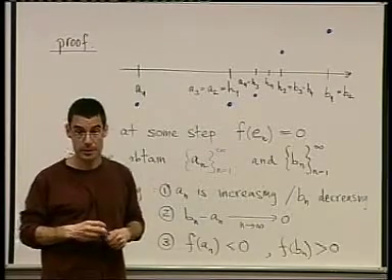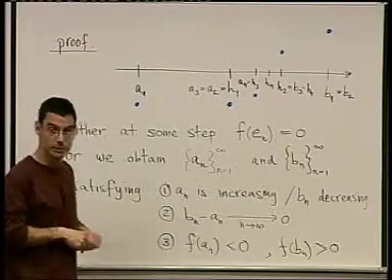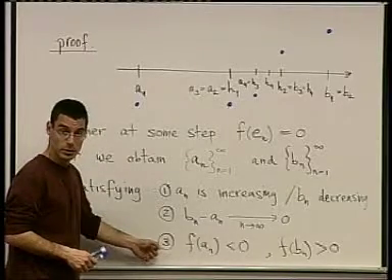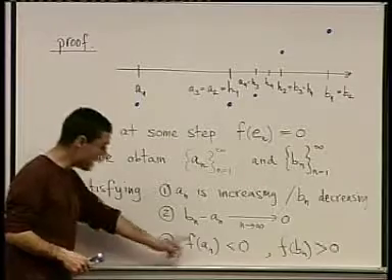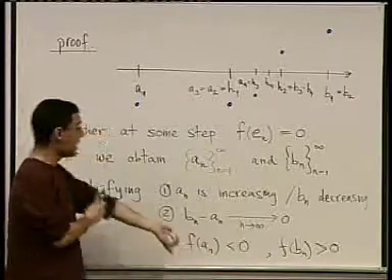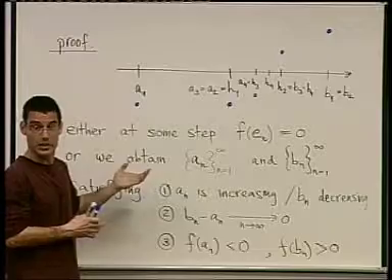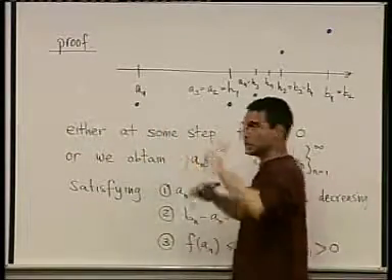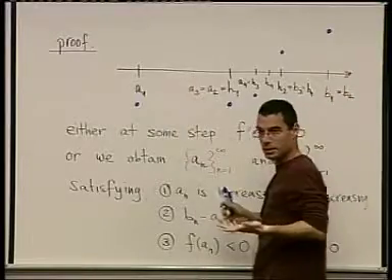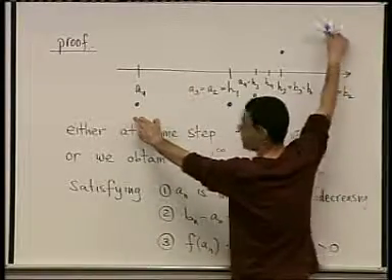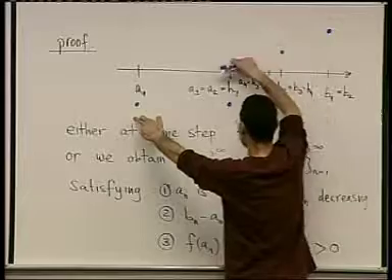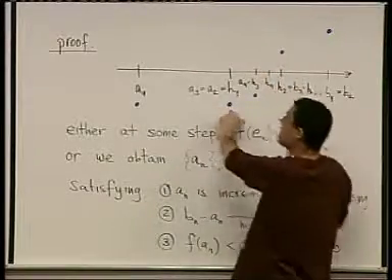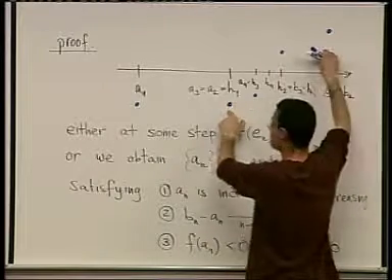Yes? I'm having trouble with number 3 there. Why is this true? How can I claim that a_n is going to be negative? No, not a_n is negative. The value, that's how I constructed the a_n. I started assuming without loss of generality, meaning that you can do the opposite argument. I assumed that this is the case. Then I looked at the middle. If it's negative, I declare this to be A2, and look at this interval.